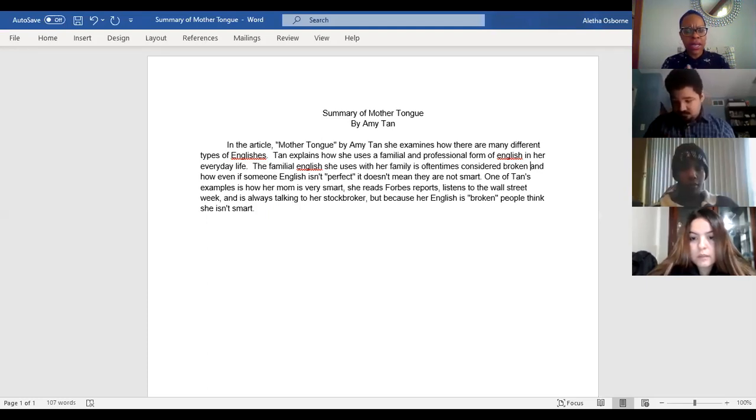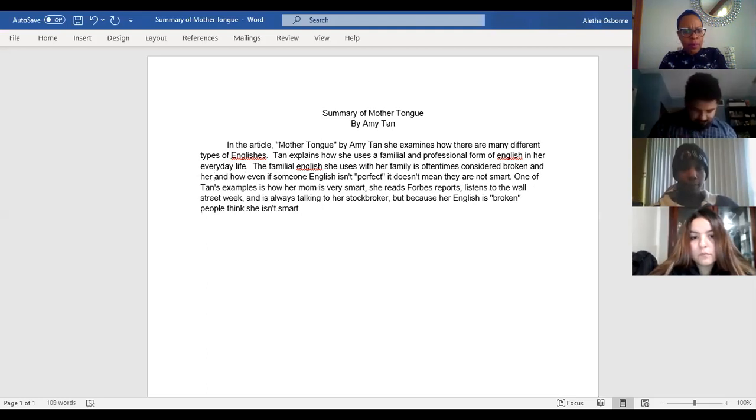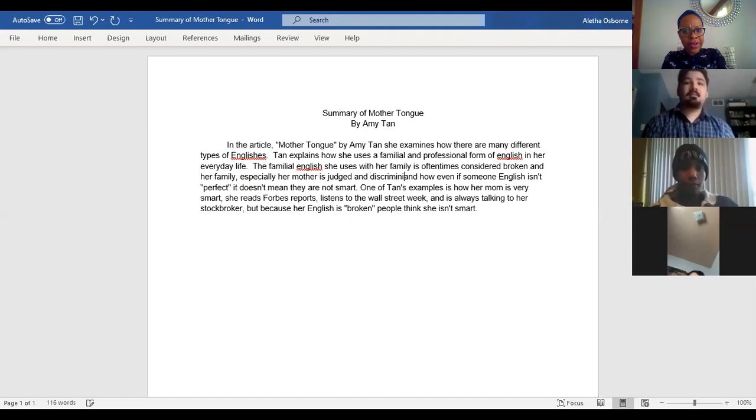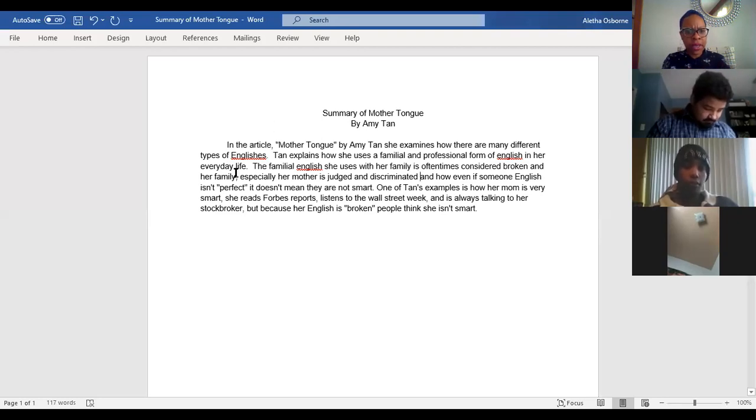So the next sentence: the familiar English that she uses with her family is oftentimes considered broken. And her family, mother is, sorry, you guys. I'm thinking about it as I'm writing it, but I'm kind of freestyling it. So I'll share out. The familiar English she uses with her family is oftentimes considered broken. Oh, I added in her family.